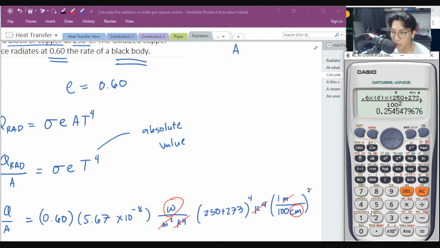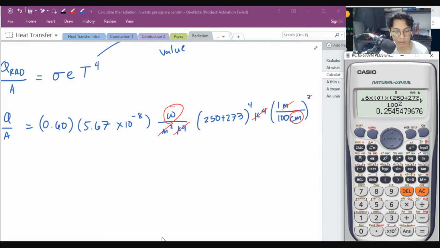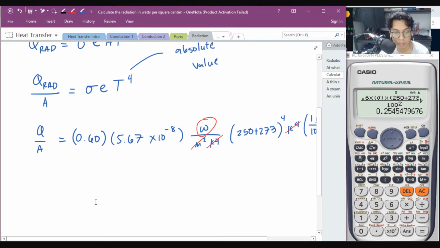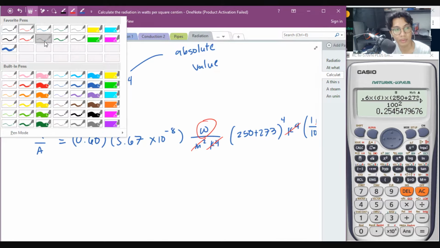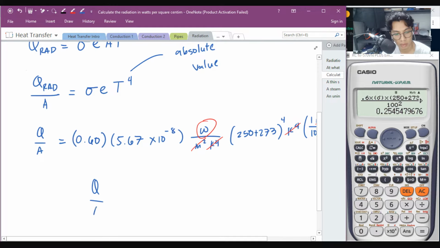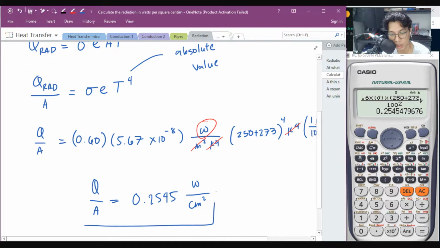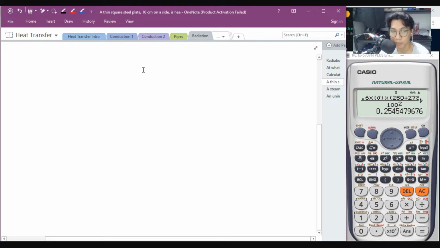The answer for the radiative heat per centimeter squared of area is equal to 0.2545 watt per cm squared. That is the answer. The first two problems are very basic. Let us go to problem number 3.